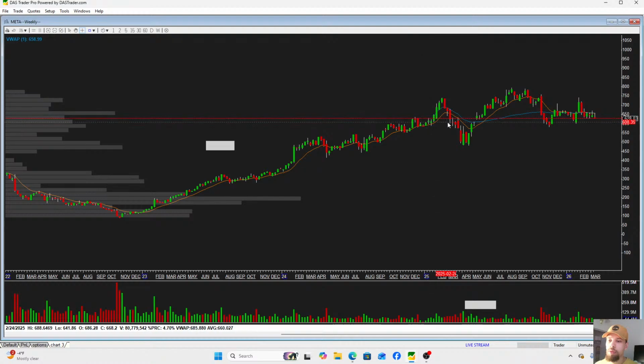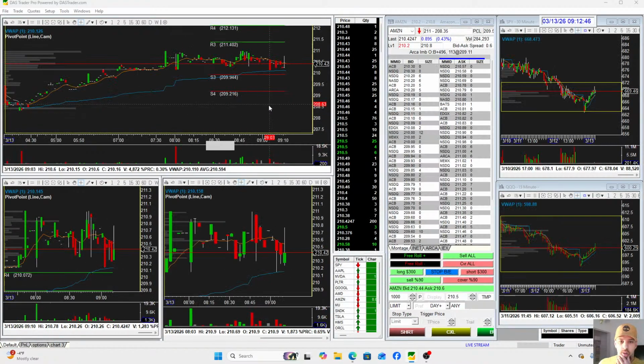You got quite a few touch points here, so you can draw the box pretty much where the price currently is for support. Area of resistance here would be about 663 for resistance, support being 628. Alright, let's go back to this chart here.